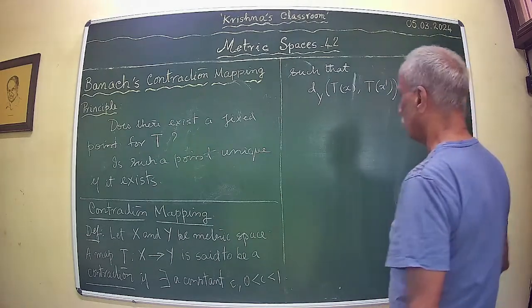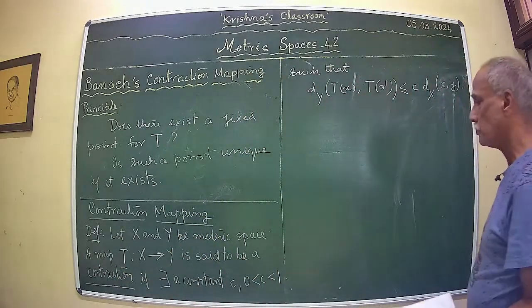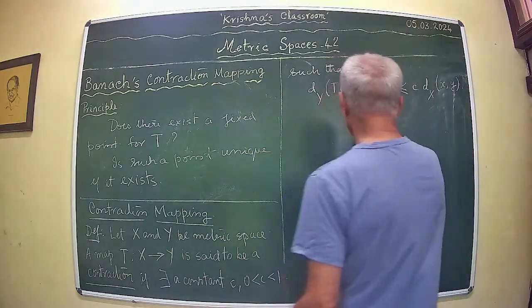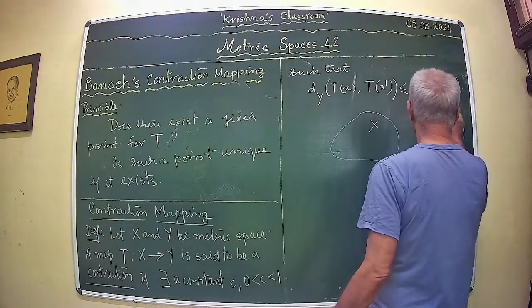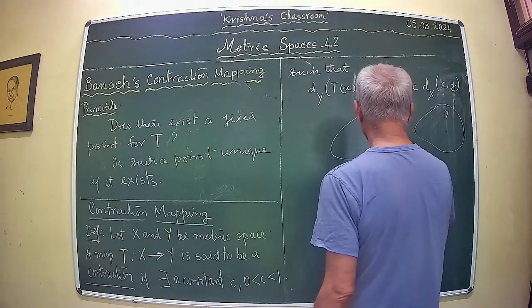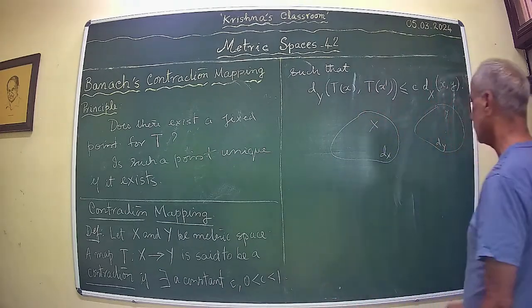So T is a map from X to Y, and what it says is this: you have dX, dY as the distances.